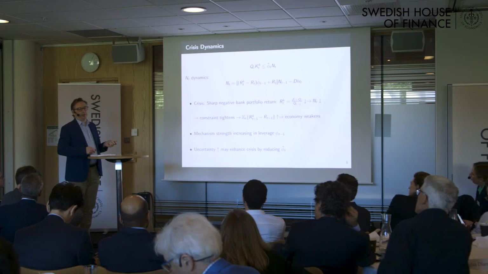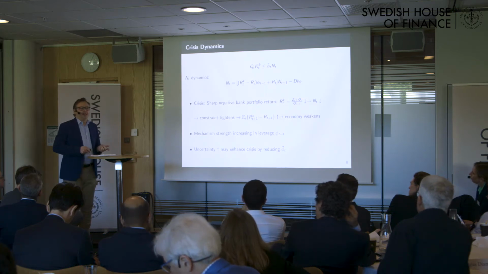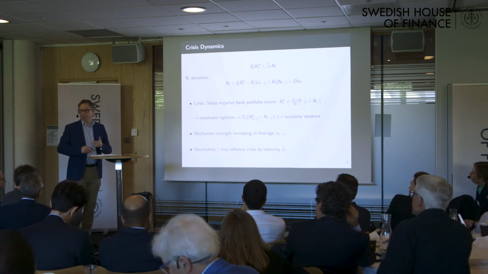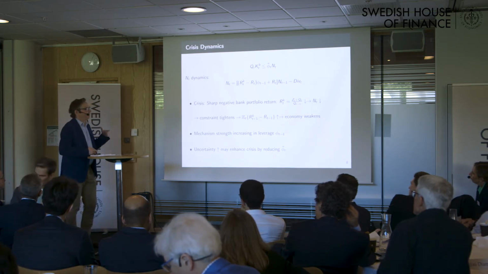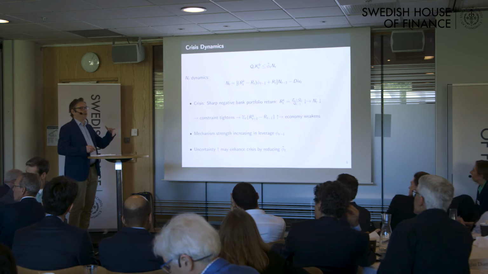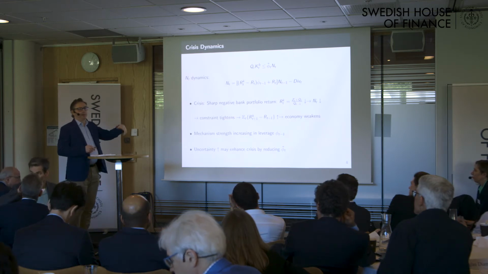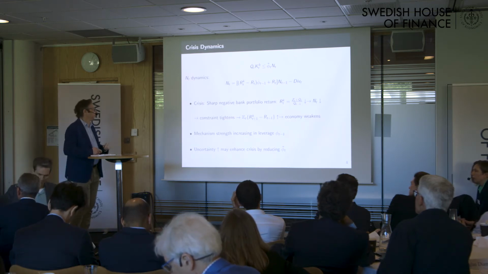Now, it's probably clear by now that the mechanism is agnostic as to whether it's fundamentals or non-fundamental beliefs that are driving the variation in returns. In fact, in the last paper Ben and I wrote together, it was a near rational bubble that created a boom and bust in asset prices. Okay.